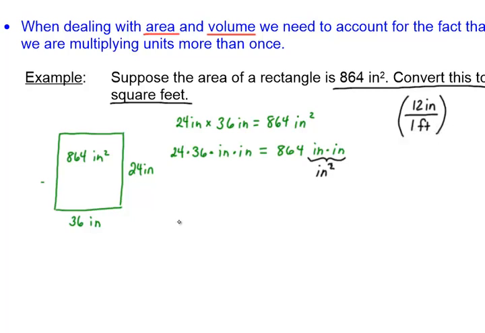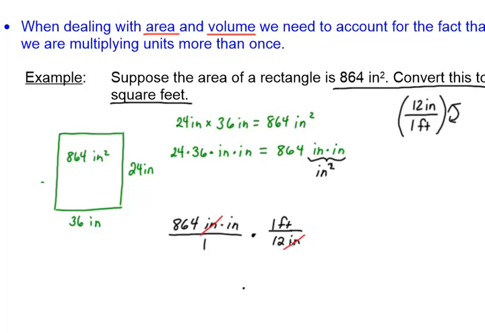So let's rewrite my 864 square inches as inches times inches. And let's just put that over 1. That is my first fraction. I know that there's 12 inches in a foot, so I'm going to have to flip this around. So I have 1 foot is equal to 12 inches. Now, why did I write square inches as inches times inches? It's because of this.